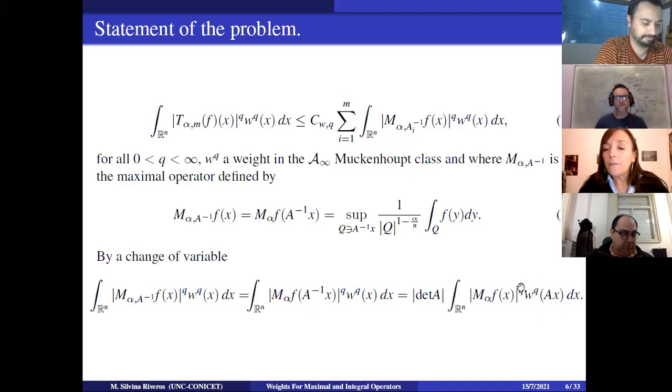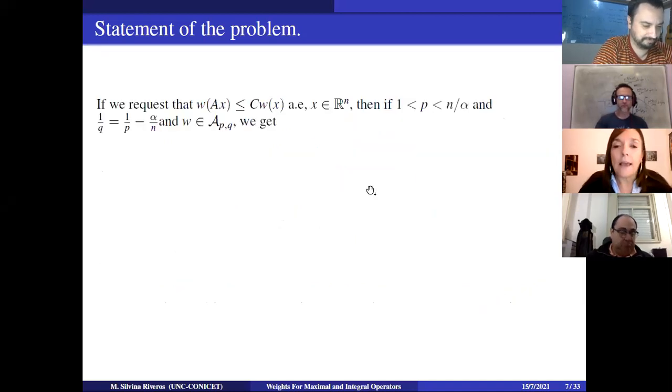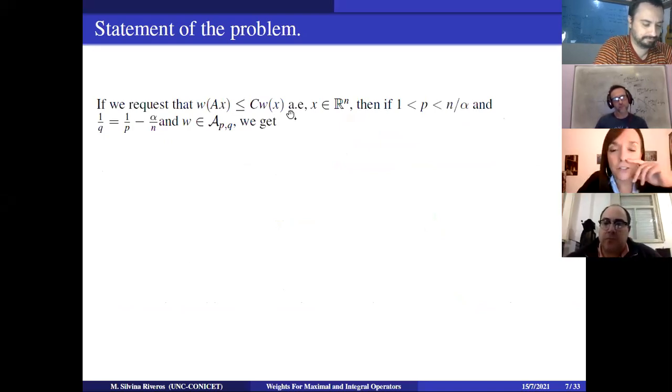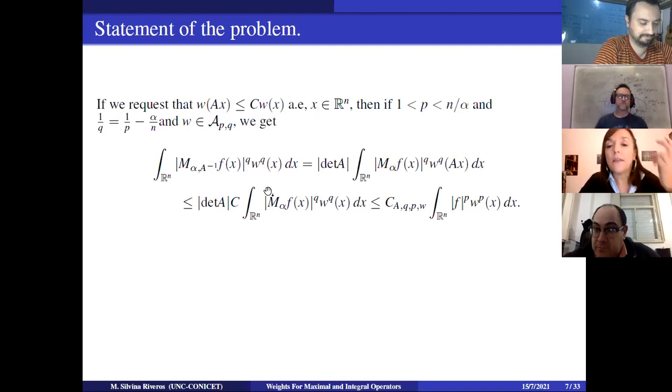So if I add something to the weight, I will continue to have this boundedness. For example, if I ask that W of Ax is less than or equal to a constant times W of x, I will say W has a homogeneity condition. And if I ask that the exponents P and Q be as usual, and W is in the A_{P,Q} class, which are the good weights for the fractional maximal operator, then I can continue this inequality and obtain a bound for the fractional operator, but with the matrix.